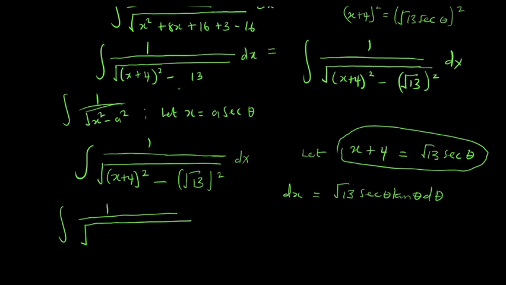So I'm going to replace it here, 13 sec squared theta minus square root of 13 squared is 13, right? It's 13. Then multiply by dx. Now my dx is square root of 13 sec theta tan theta d theta, right?